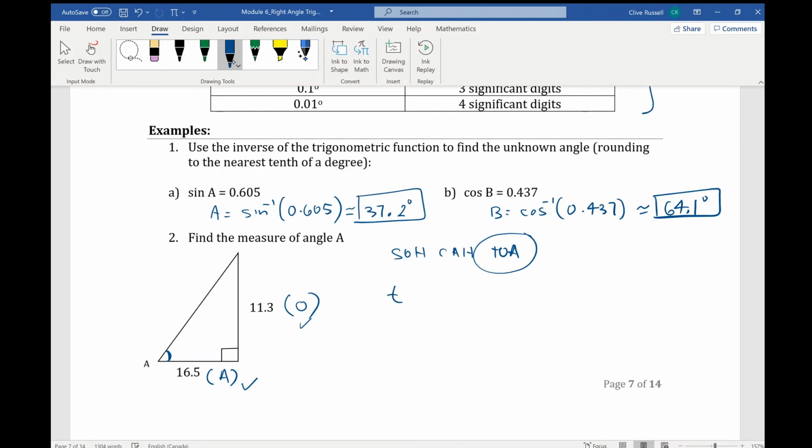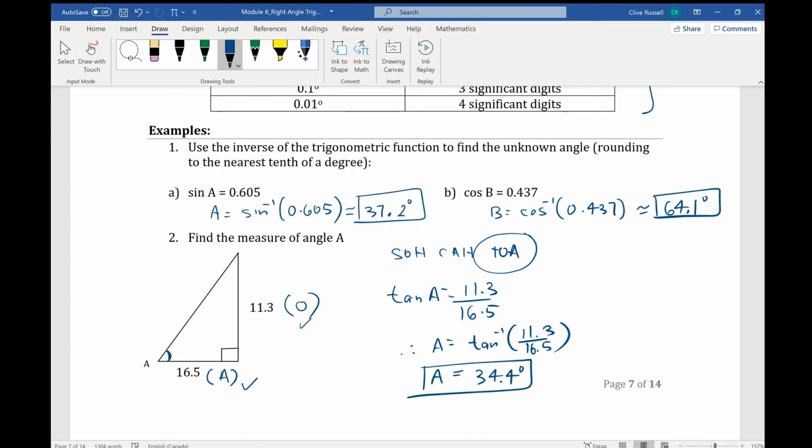So we could say that the tangent of A is 11.3 over 16.5. Therefore, A is the angle whose tangent is 11.3 over 16.5. You plug that directly in your calculator and you get 34.4 degrees.